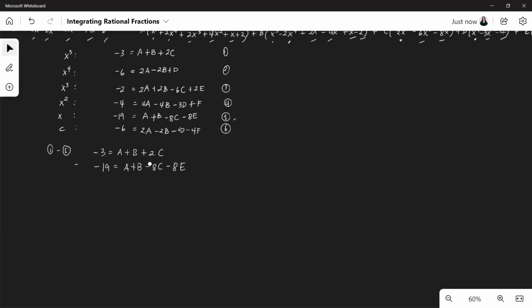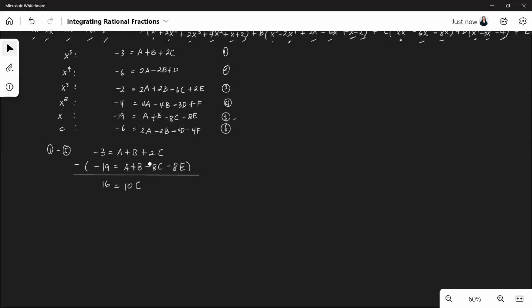Again, perform subtraction, so by elimination method we can eliminate A and B. Negative 3 minus negative 19, that's 16. A minus A is 0. B minus B is 0. 2C minus negative 8C, that's 10C.